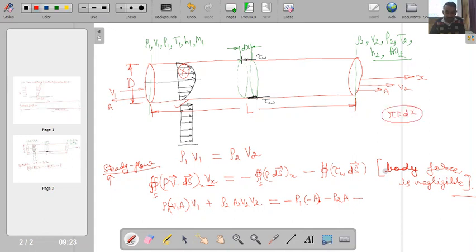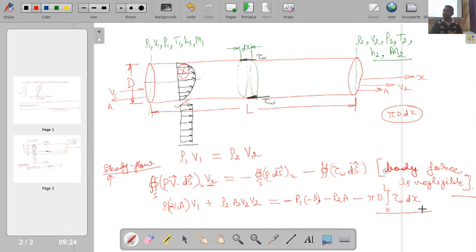So pi d into dx is the small elemental surface area through which shear stress is acting, because pi d is the circumference and dx is the thickness. So pi d can come out of the integration, and in place of surface integration, because now I only have dx involved, I can make this a line integral from 0 to L, because dx has limits from 0 to L, tau w into dx.